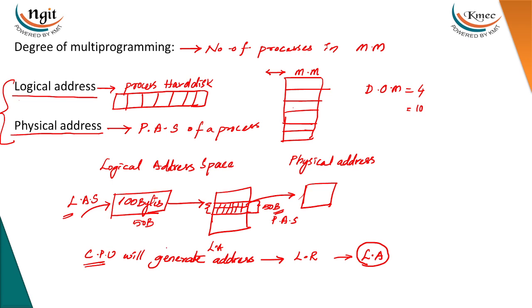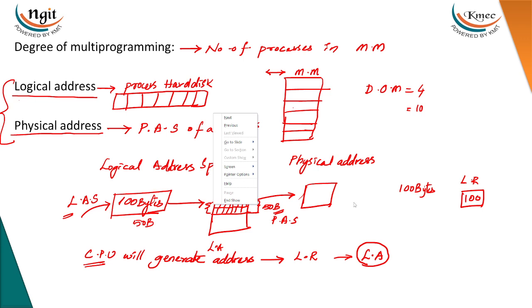Suppose the process size is 100 bytes. The limit register holds the value 100. Assume the starting address of this process, the base register value, is 700. What are the actual memory locations of this process px?